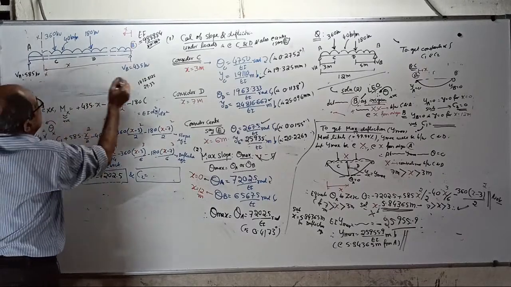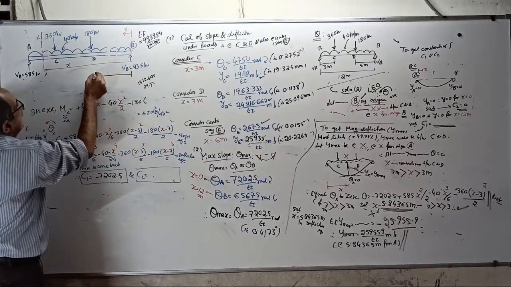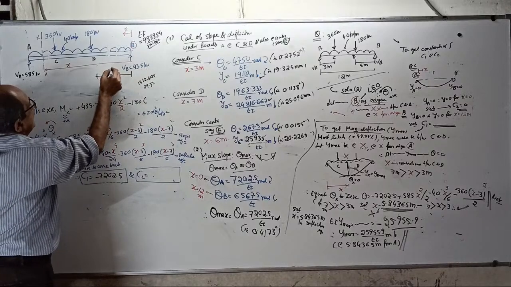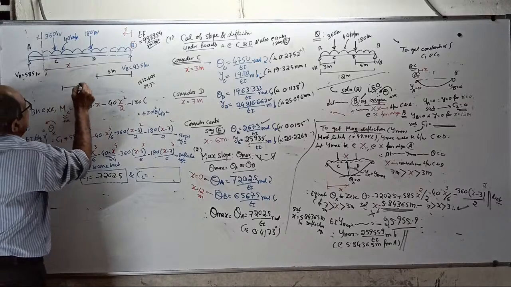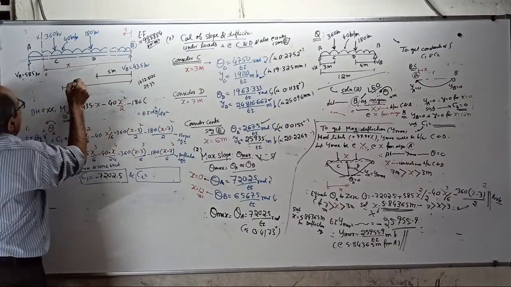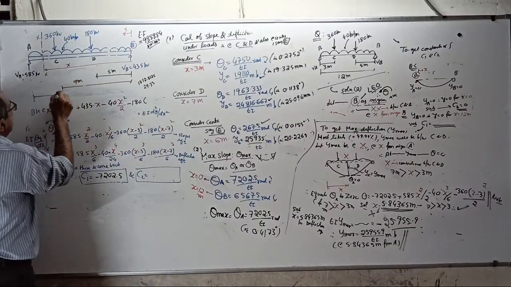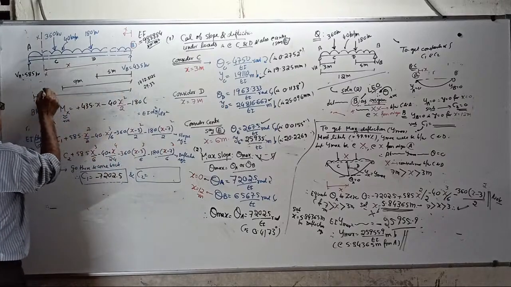Now you should write 5 meter, 9 meter and 12 meter; all markings should be from there.